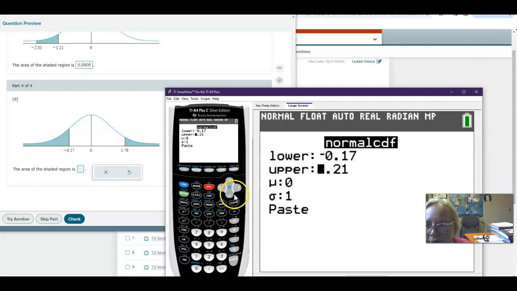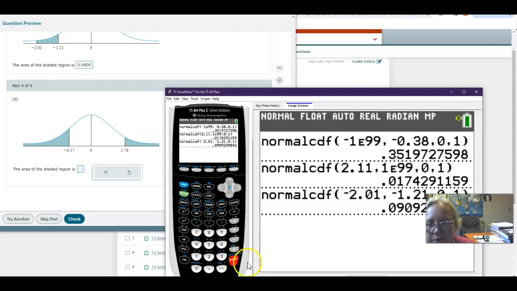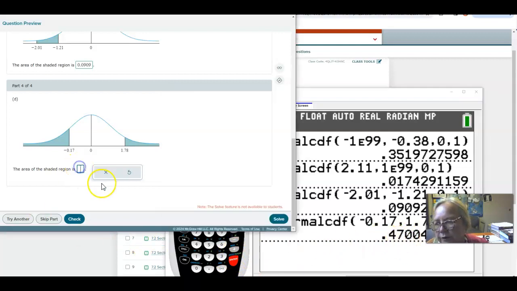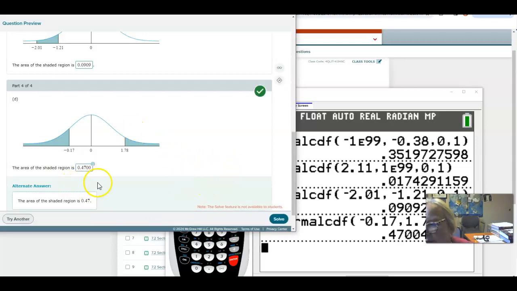We use the negation key for the negative. Calculate, and the result is 0.4700. We enter this result, and it is correct.